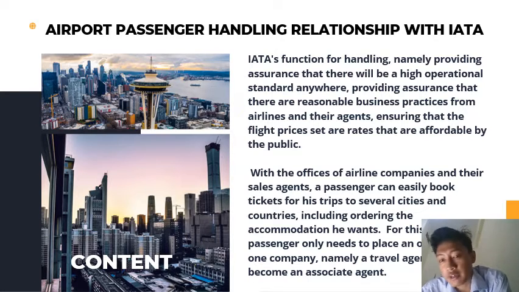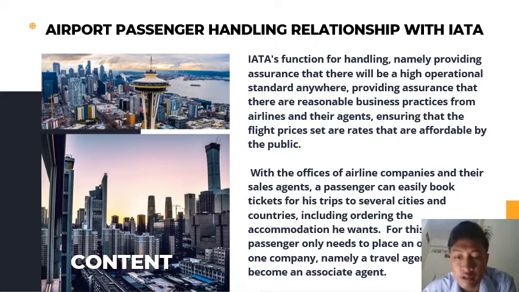With the offices of airline companies and their sales agents, a passenger can easily book tickets for his trips to several cities and countries, including ordering the accommodation he wants. And for these reasons, a passenger only needs to place an order through one company, namely a travel agent that has become an association agent.